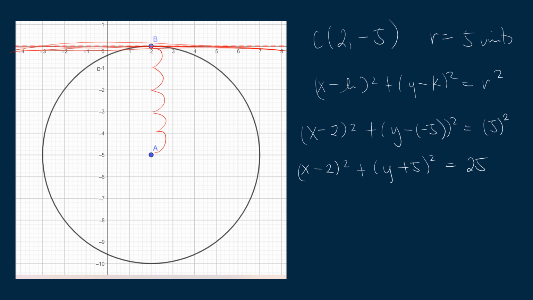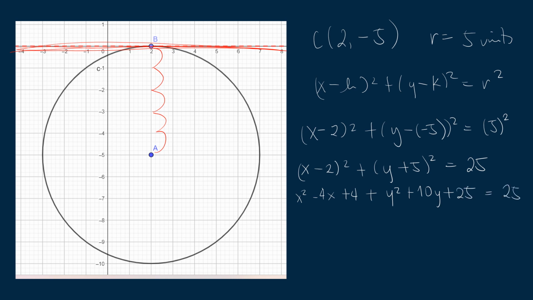Since we already have the standard equation, we can now transform it into the general one by expanding the binomial terms. (x - 2)² + (y + 5)² = 25. So that would be x² - 4x + 4 + y² + 10y + 25 = 25.